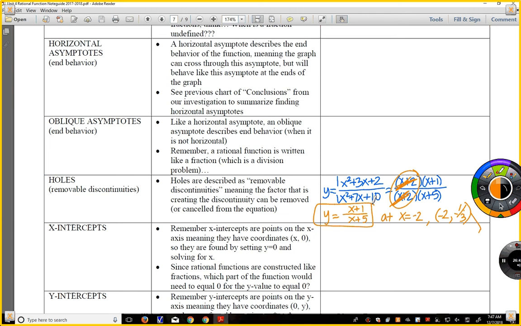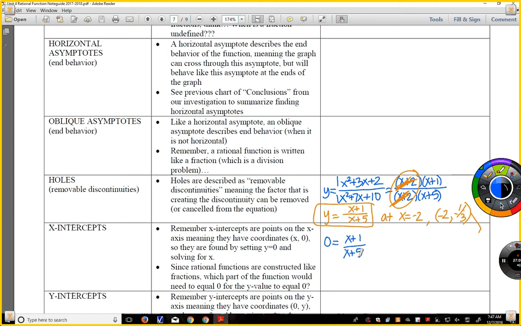So if I plug in 0 for y, I'm just going to use my same function here, and again, I'm using the more simplified version. If you cancel out that hole, you get to use the more simplified version for everything. Even the horizontal asymptote, you still would have figured out that it's 1 from this equation the same way you figured out it was 1 from this equation.